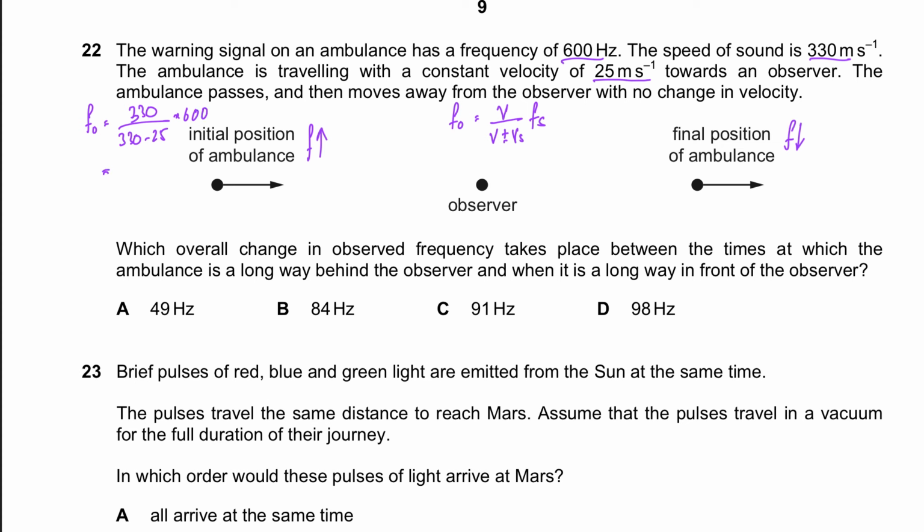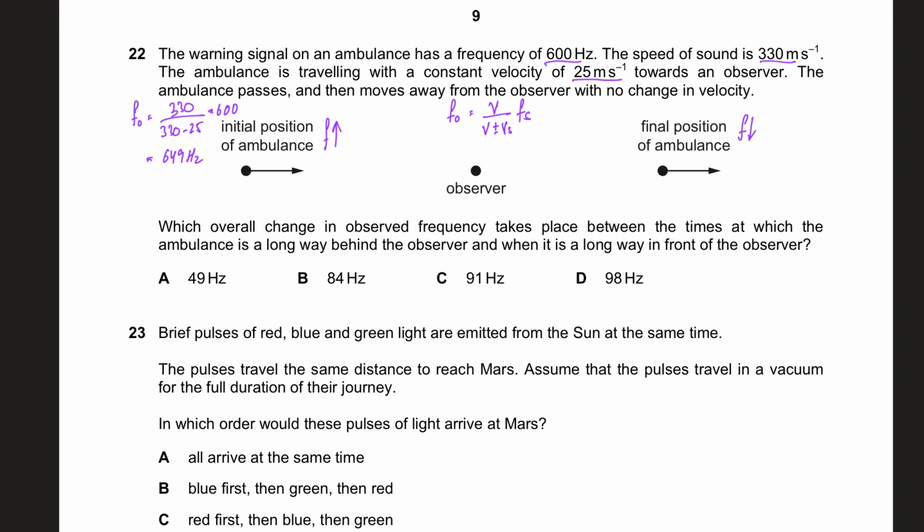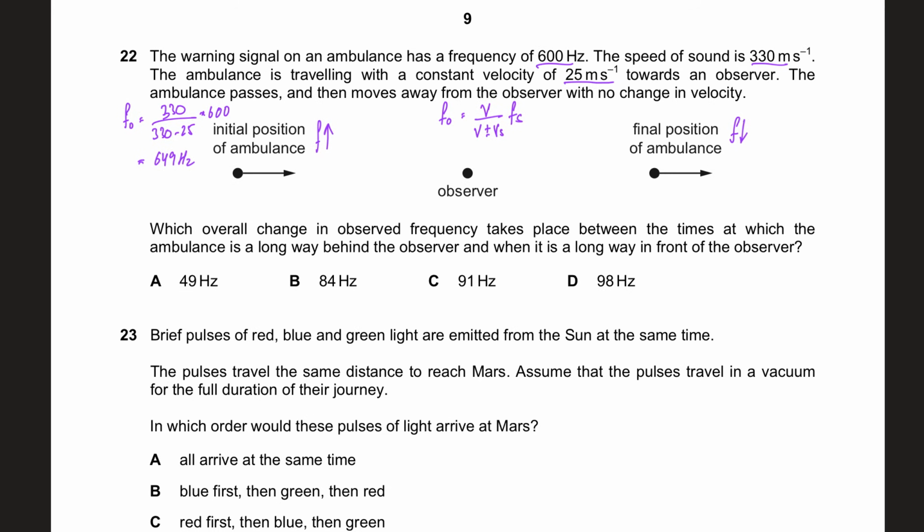And that gives us 649 Hertz. We use a positive sign when the source is moving away. So exact same formula, but with a positive sign, 330 upon 330 plus 25 multiplied by 600, which is equal to 558 Hertz.